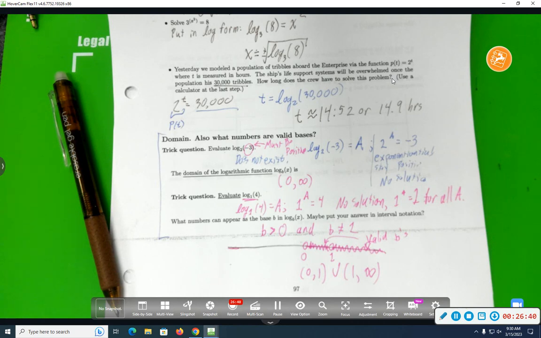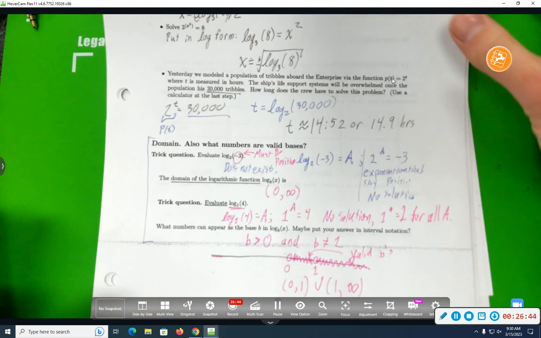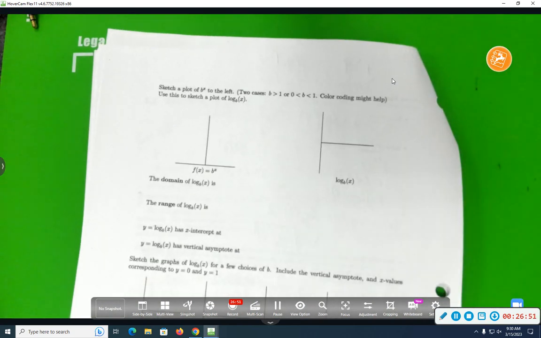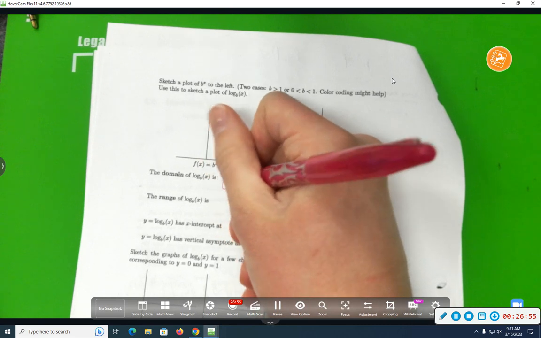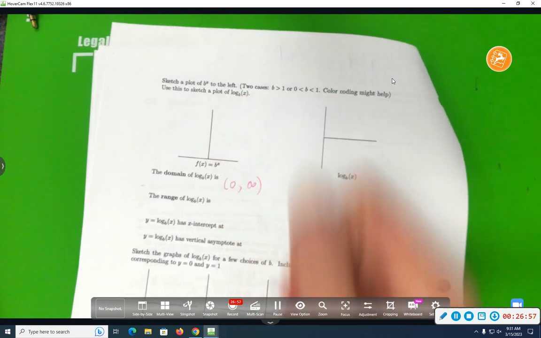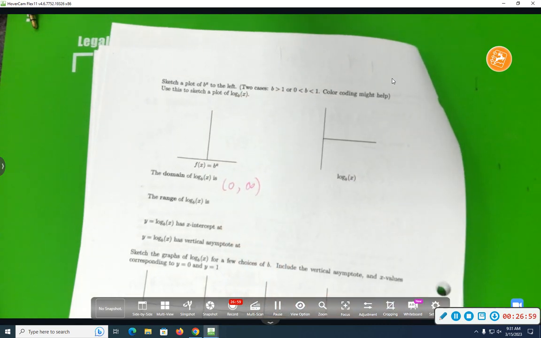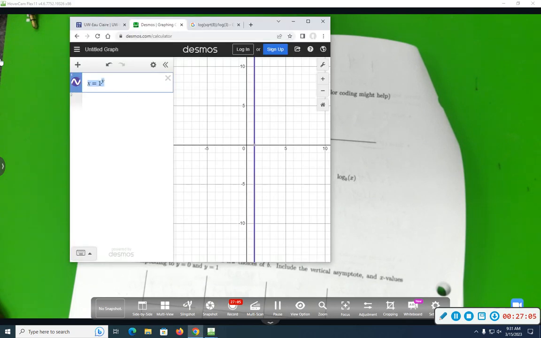Cool. Folks feel pretty good? So I think the closing thing I want to say in this particular packet is just a little bit about graphs. So we just described the domain of the logarithm being 0 to infinity. And let's go right to the computer-generated graph that we had up there.